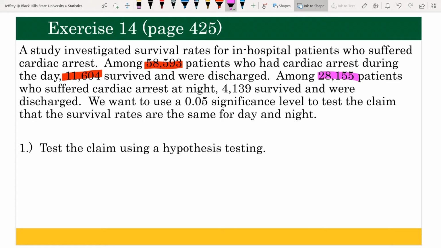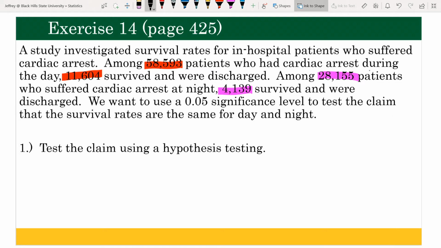In the second case, we had about 28,000 patients who suffered cardiac arrest at night, and over 4,000 of them survived and were discharged. So we're going to use a 0.05 significance level to test the claim that the survival rates are the same for both day and night.